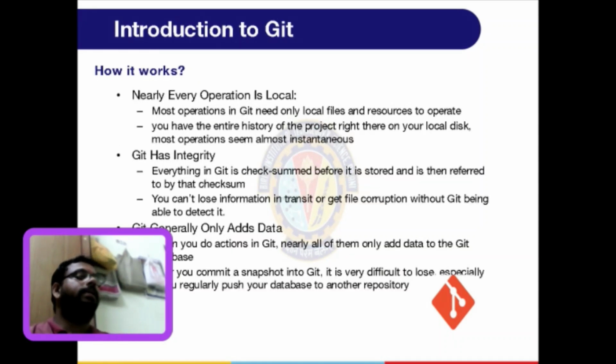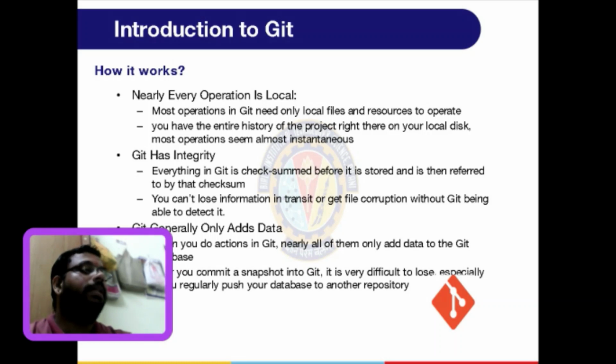The three states of Git. Git has three main states that your files can reside in. Committed. Committed means that the data is safely stored in your local database. Modified.